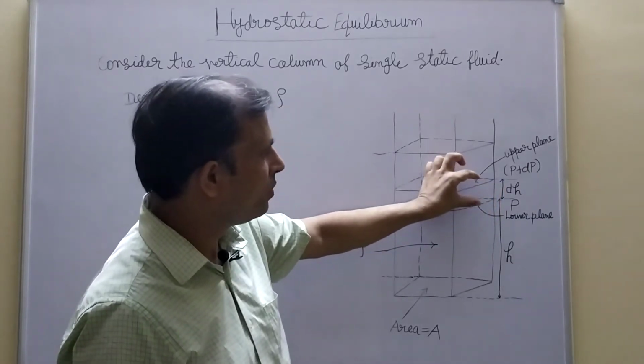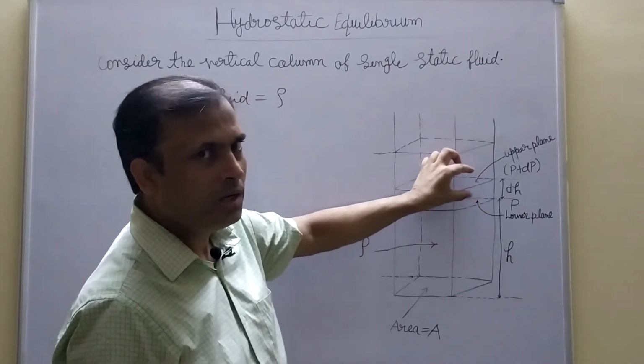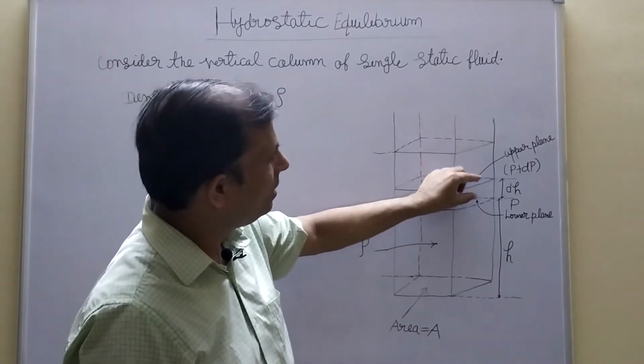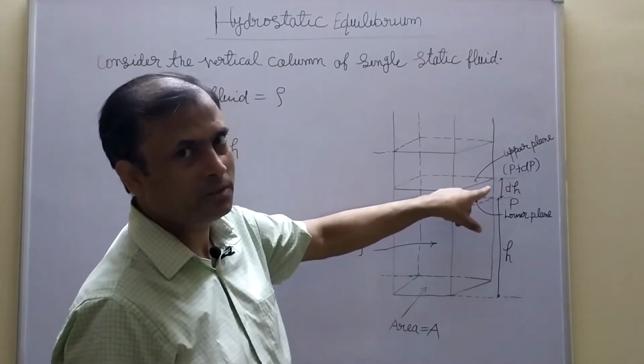Why are we considering a small thickness or differential height? Because after deriving the equation we can vary dh up to a desired limit.